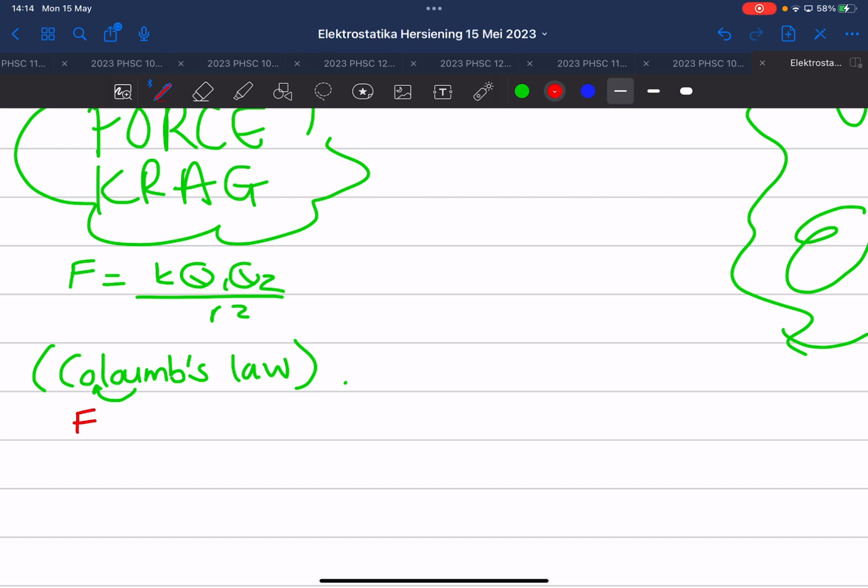Dat die elektrostatiese krag tussen twee puntladings is direk evenredig aan die produk van die ladings en die krag is omgekeerd evenredig aan die afstand tussen hulle middelpunte kwadraat. Lei dit klokkies vir julle? Gravitasiewet is dieselfde.